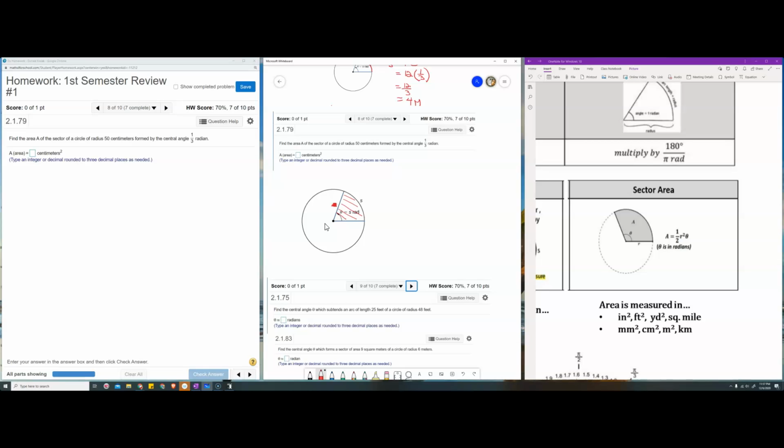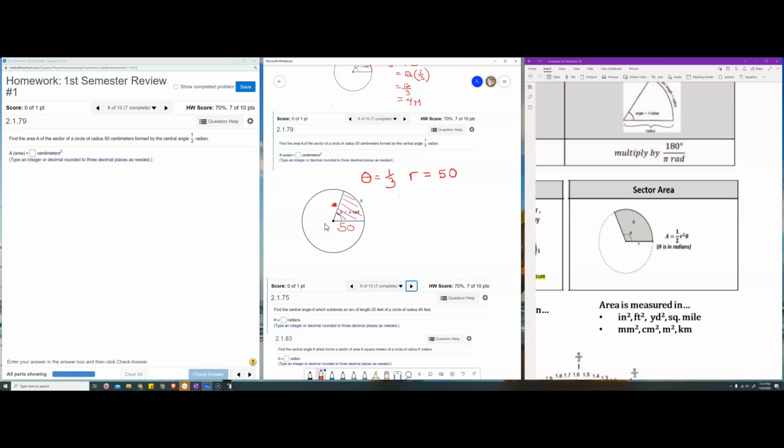Alright, we're told the radius is 50. And the angle is 1/3 radians. So theta is 1/3. The radius is 50.